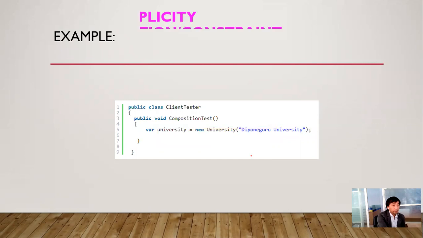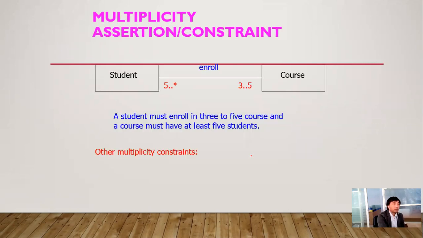Okay, and the last one was already explained in the first slide. The multiplicity kind of relationship has many kinds of symbols or numbers. In this example, as you can see, it has a 5, a star symbol meaning many, and 3 to 5.